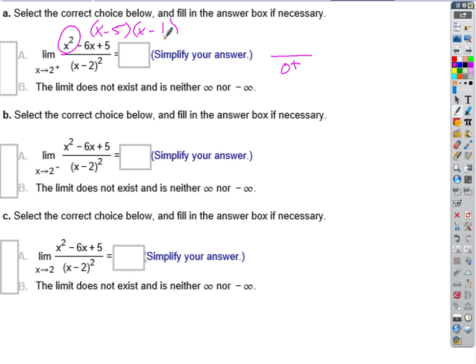Now as x approaches 2, it doesn't really matter from which direction, I'm just going to get a negative times a negative, right? Is that right? It's 2 minus 5, oh, what the heck? What just happened here? Did I factor that right? Yeah, I did. So what am I doing wrong here?